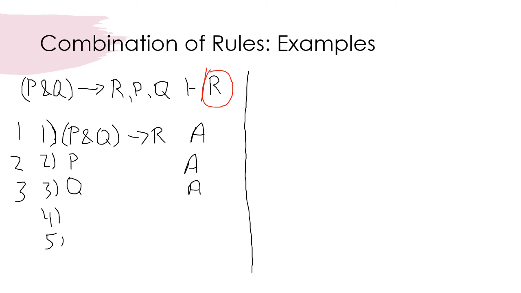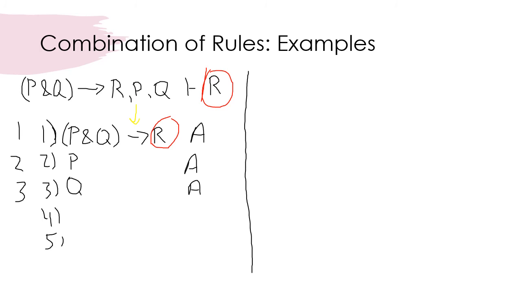The first step you'll want to do is identify where that letter is in your proof. Well, the only place I have an R is in this first premise. Now that I've located where R is, I know where I'm going to be getting it from. What's the main operator in that line? Well, it's an arrow.